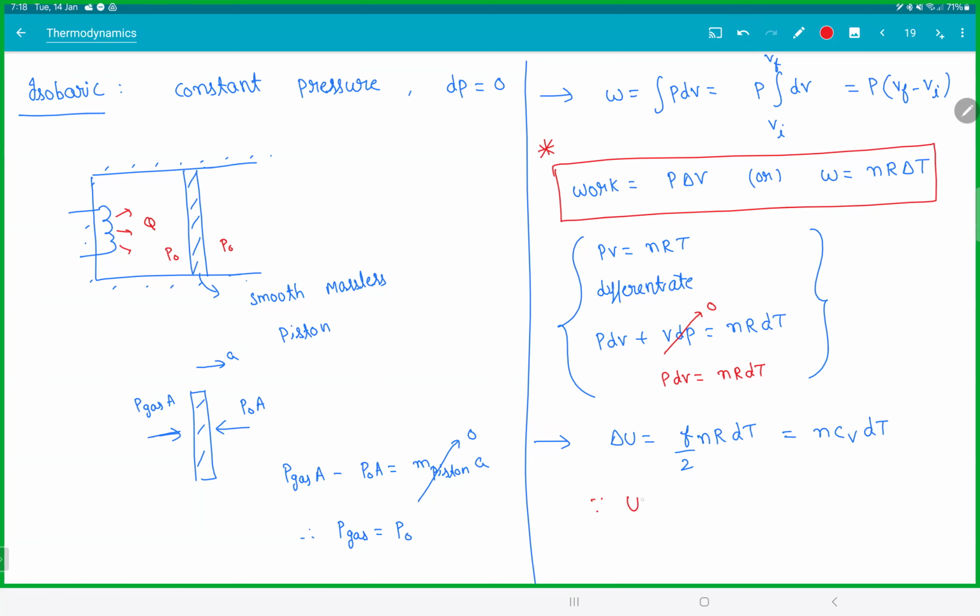So U is a state function. Therefore, you can write dU is f by 2 nR dT or nCV dT for any process. That is the best part. You give me any process, I can write nCV dT. It's a state function, it works out.